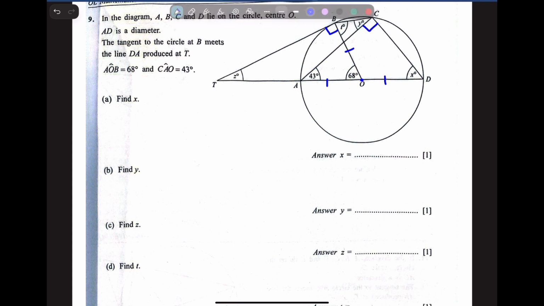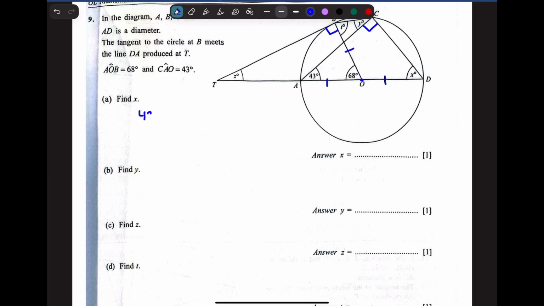AOB is 68. CAO is 43. Find X. So let's focus on triangle ADC. This is 90, this is 43. We can figure out what X is very easily.